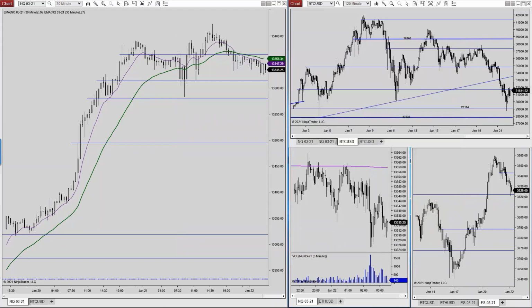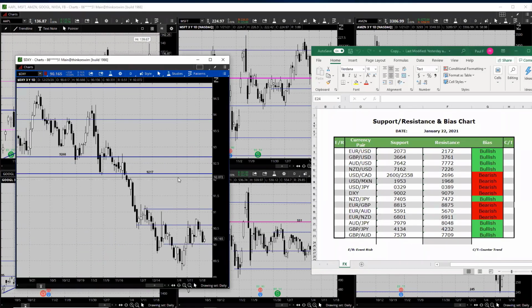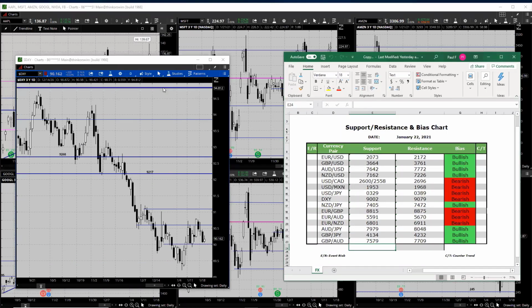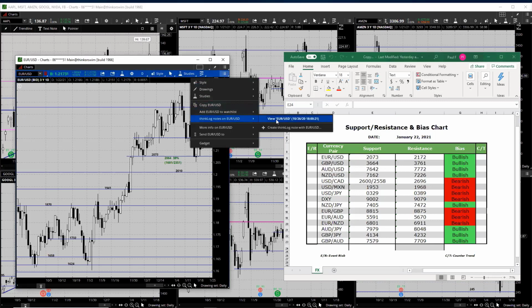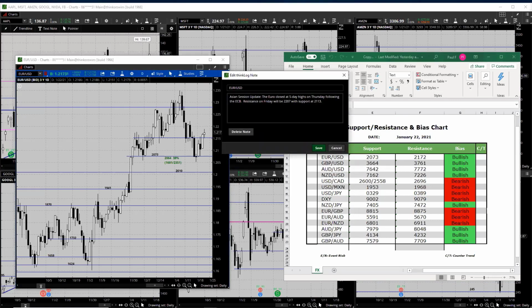So we're going to move into the analysis now. Okay, so the euro closed at 5-day highs on Thursday following the ECB.